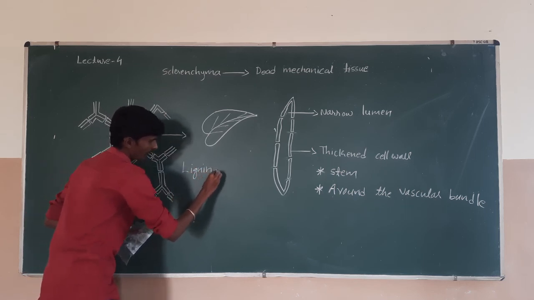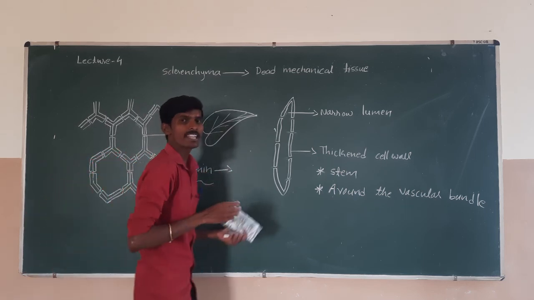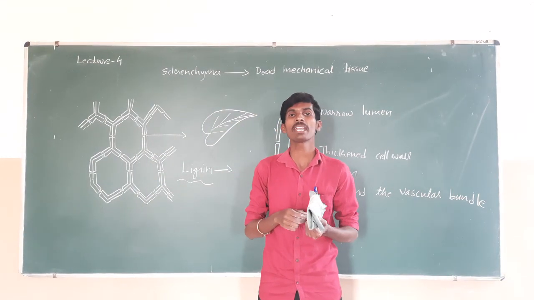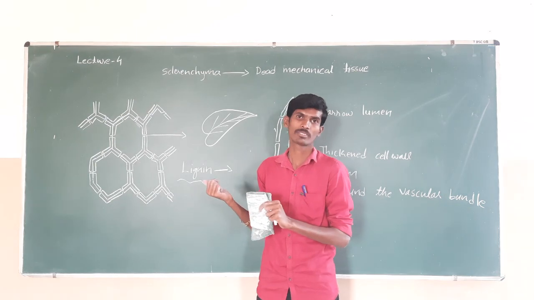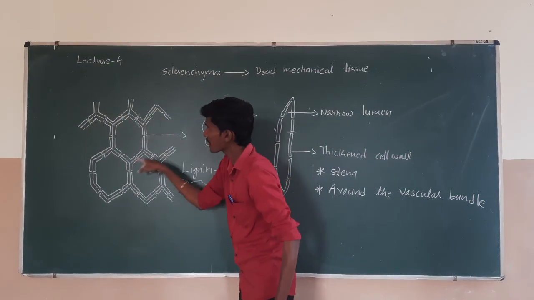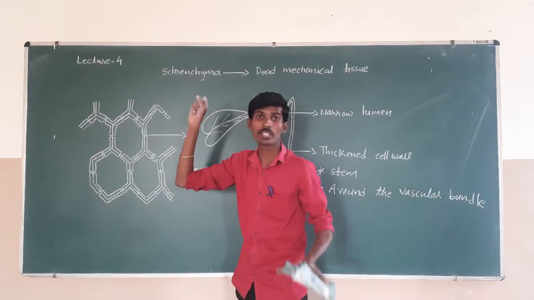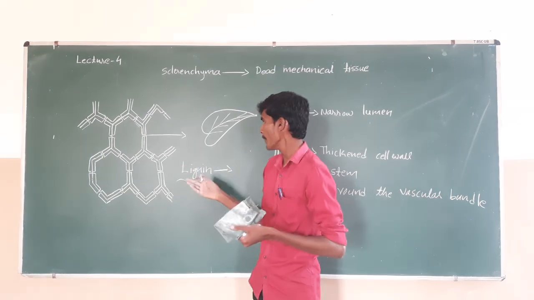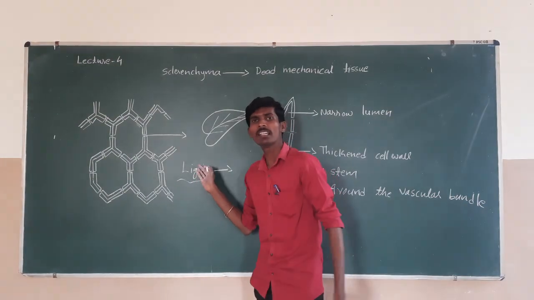What do we mean by lignin? Lignin is a chemical substance that acts as a cement and hardens them. The lignin is deposited at the walls of the sclerenchyma cells, so they become hardened.